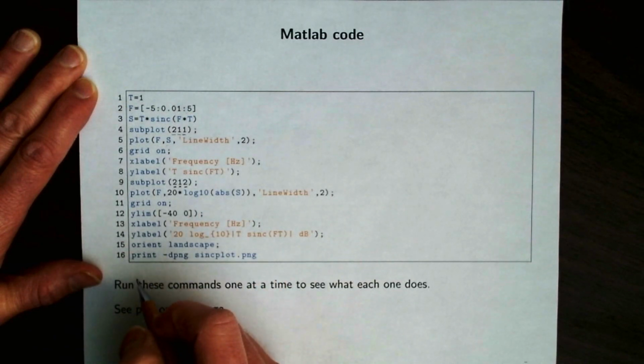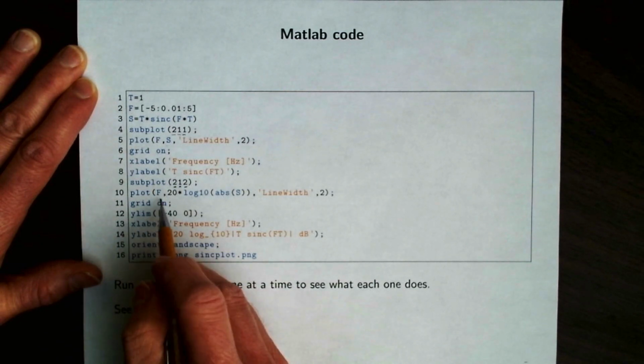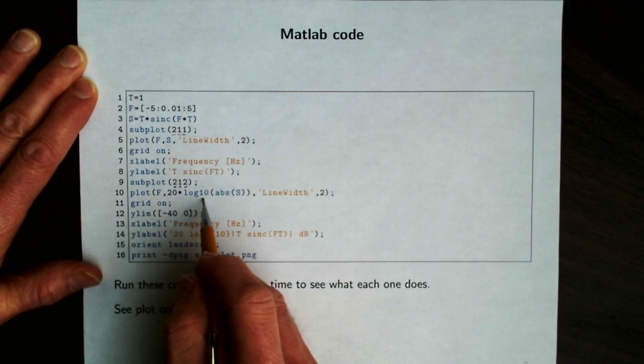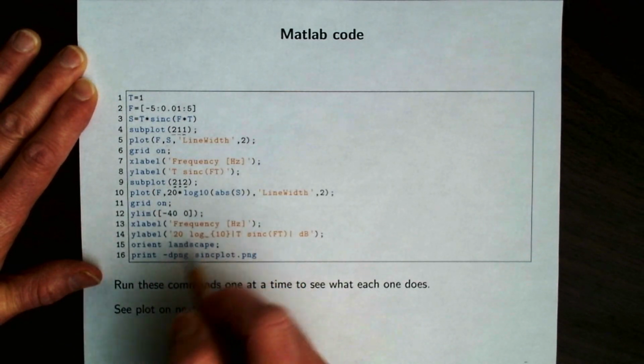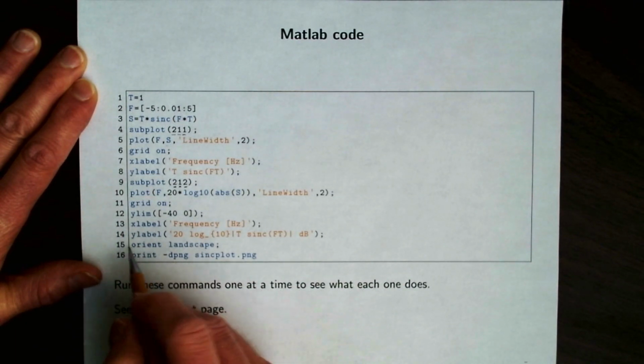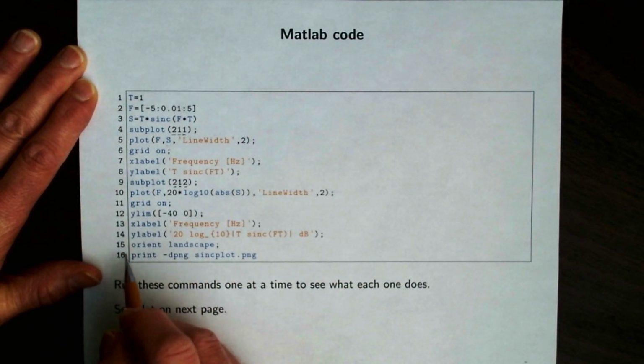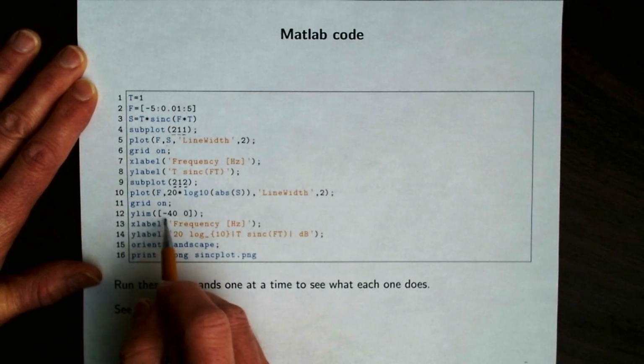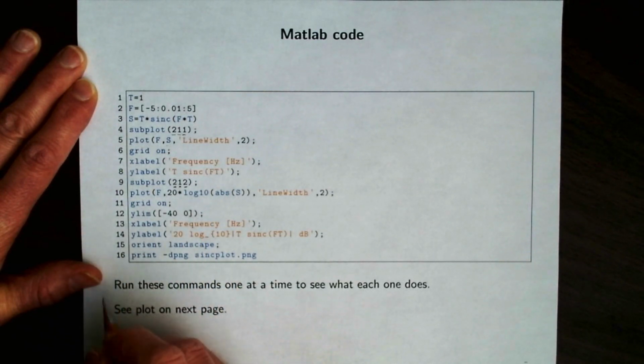This is now the second axis in that array of plots. And here I'm plotting 20 times log base 10 of the absolute value of the function. And I do the same sorts of things I did before. Here I'm setting the y limits so that it displays the informative part of the function, you might say.